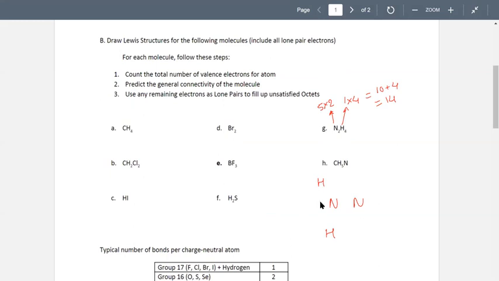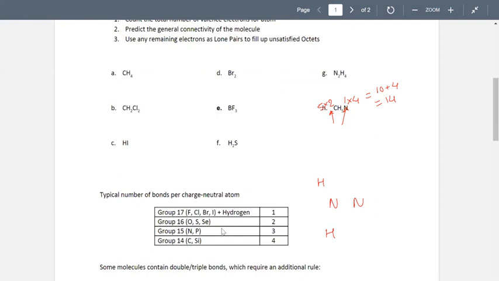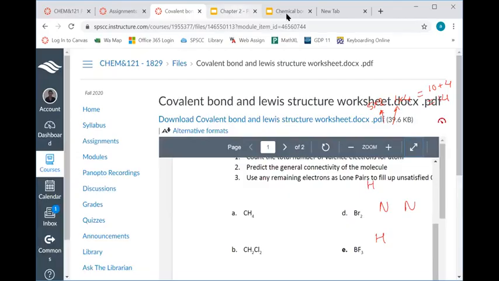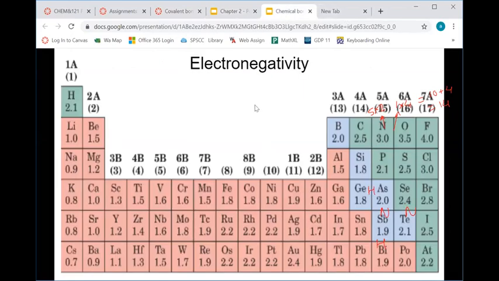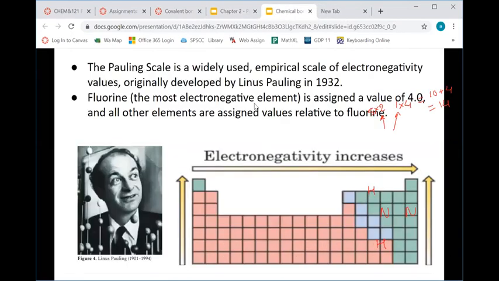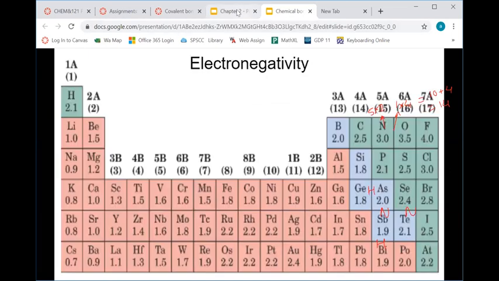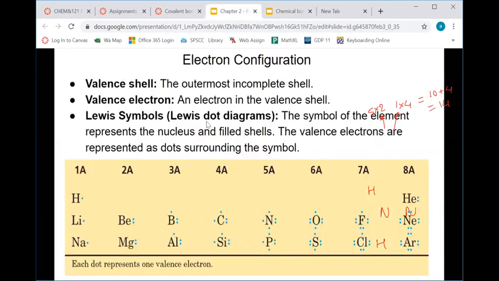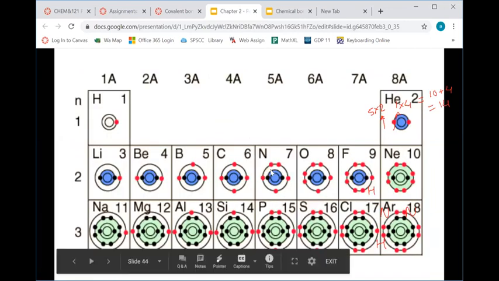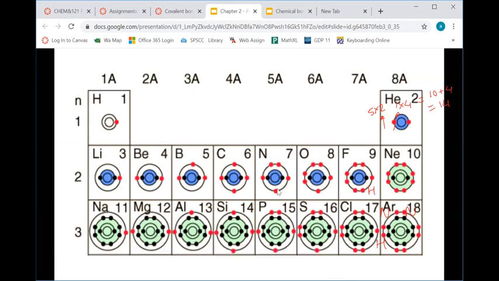And why is it? Can you tell me why is it? It is because if you go back over here and look at the periodic table, nitrogen already has 5 electrons, and it can take, at most, 3 more electrons.